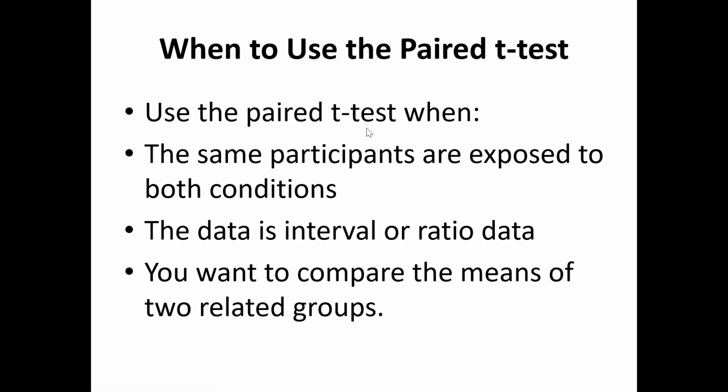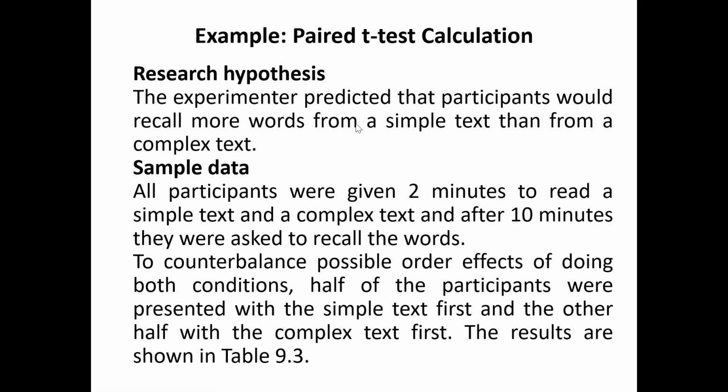Okay, let's look at an example of the use of the paired sample t-test. An experimenter predicted that participants would recall more words from a simple text than from a complex text.